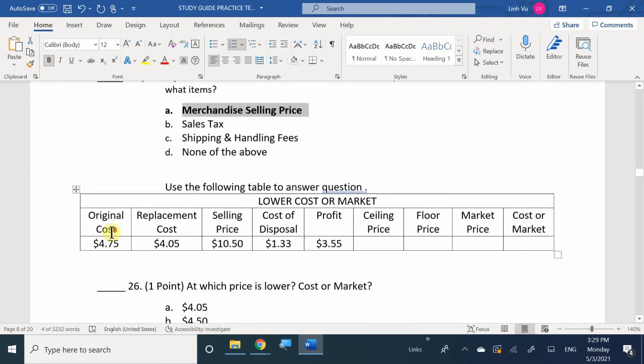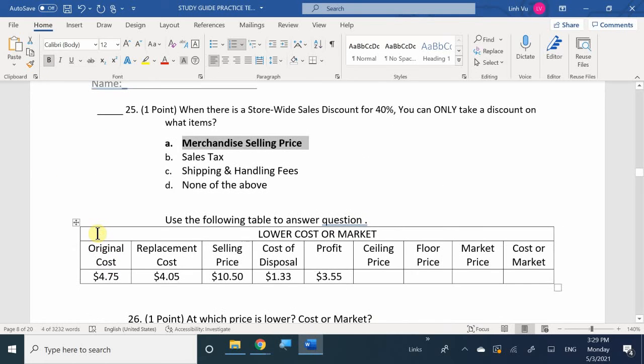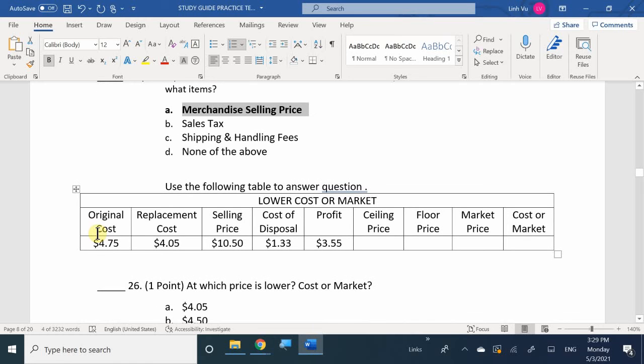All right. Last question here, 26, is use the table down below. If you decided to purchase an item, the original price of it was $4.75. However, now the years have passed, so the replacement cost, what the market's telling you, is now $4.05.